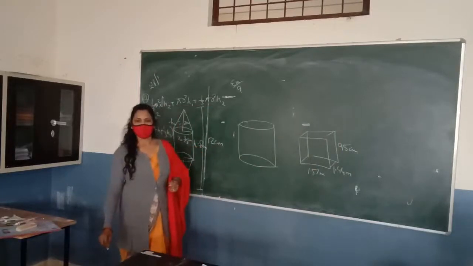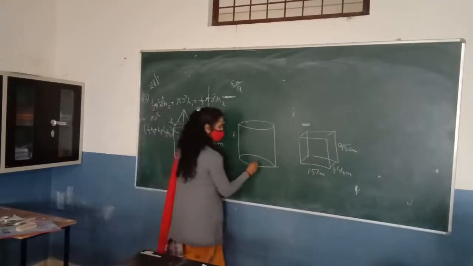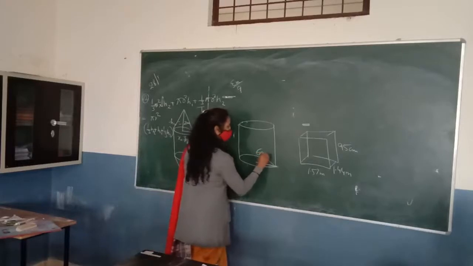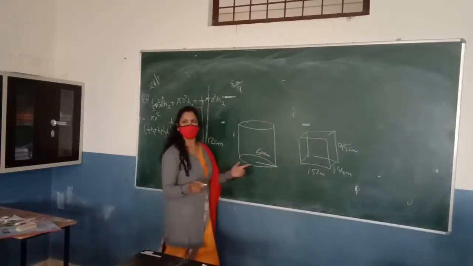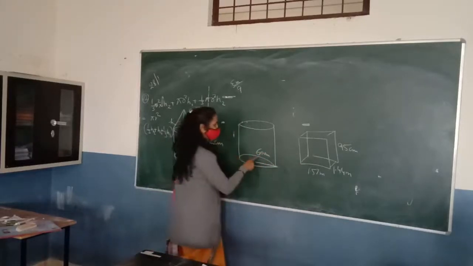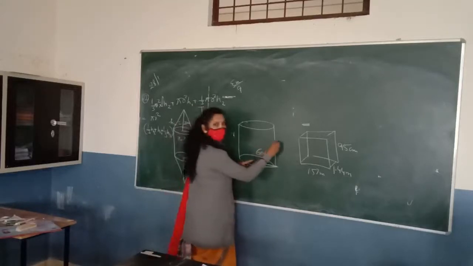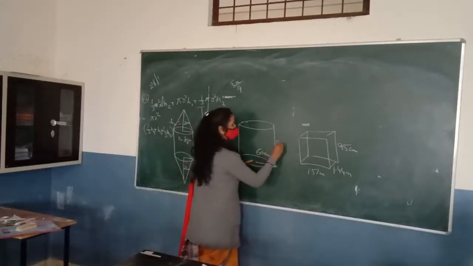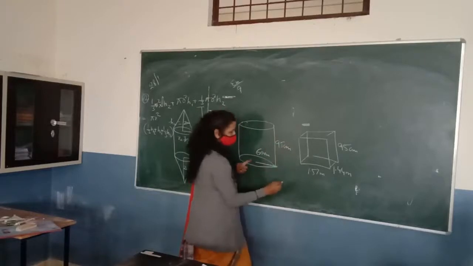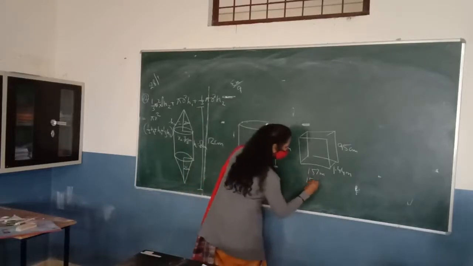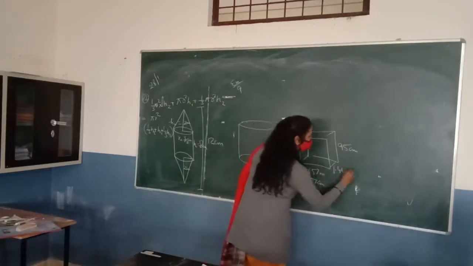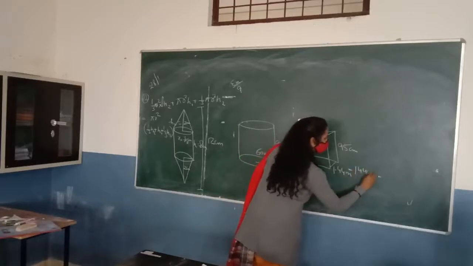The overhead tank has its radius 60 centimeter and height 95 centimeter. So we will convert all the values into centimeter: 157 centimeter and 144 centimeter.